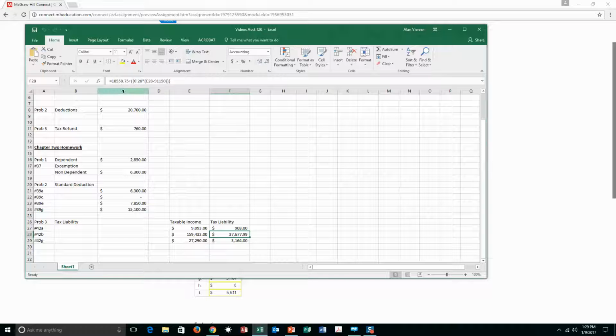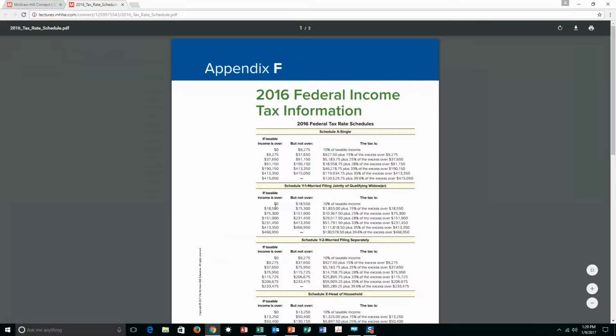Now, this is the part you haven't done before. You have to take whatever the tax is. So I switched over to the tax schedule, and this person again is single, and they make 169,000, but their taxable income was 150 something. So I have to look at this amount right here. They fall within this range.